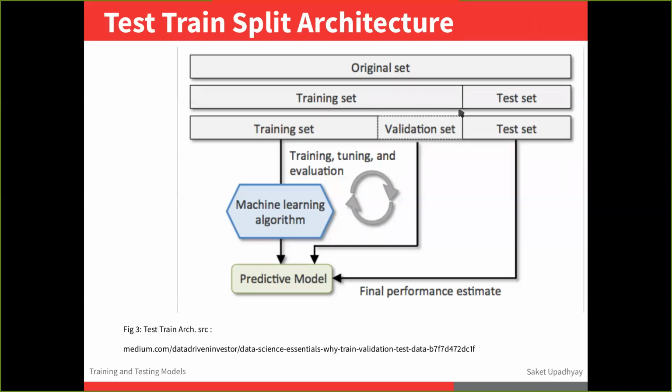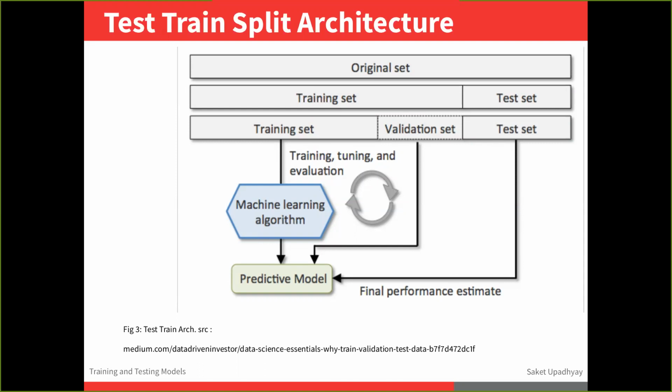We have divided it into two parts, training and testing. Then we divided the training part into two subparts, training and validation. We use the validation set for evaluating and tuning the model, and we use the test set for checking whether it is right or wrong.